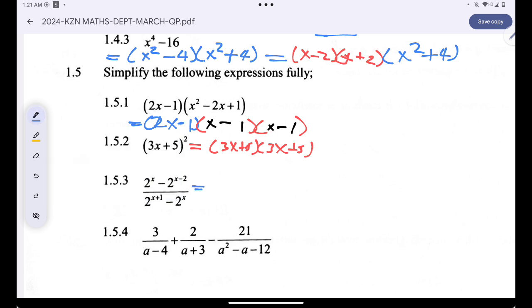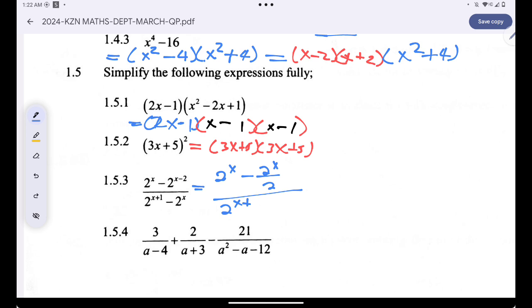Okay, now let's do 1.5.3. 2 to the x. The first thing I need to do is to separate the exponents, right? So I'll have 2 to the x all over 2, and then I'll have 2 to the x plus 1.